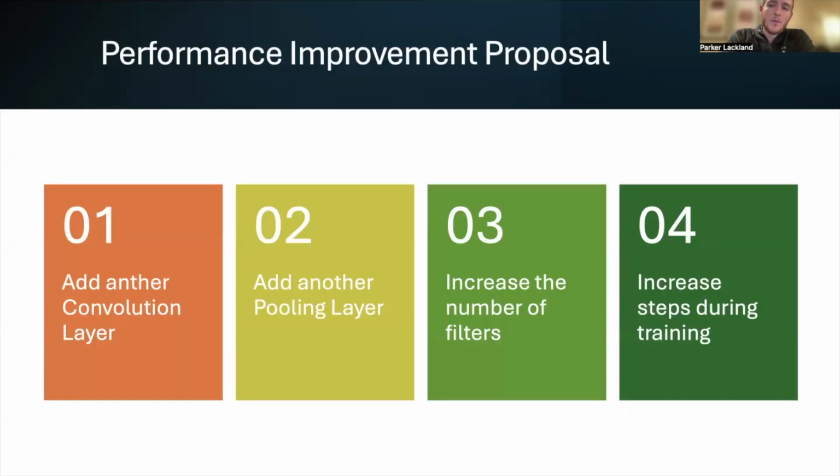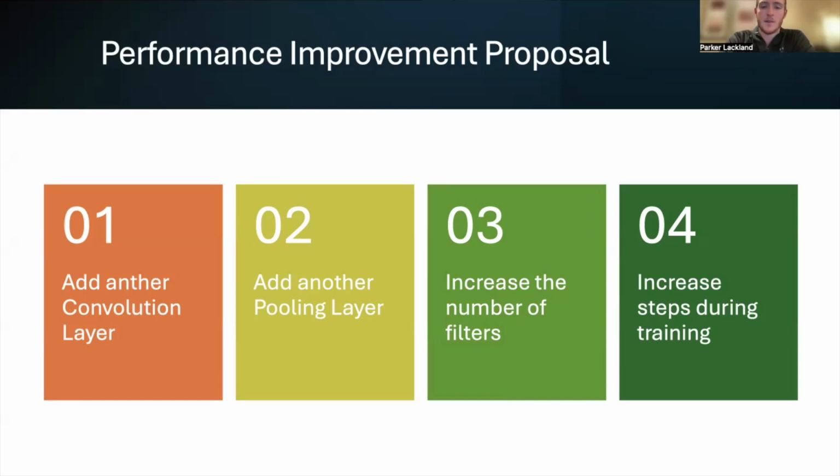So to improve on our initial model, there are plenty of things that you could do. There are plenty of options that could be used to improve on the model's accuracy. Some options would be to increase the depth of the model overall. You could add some layers in.